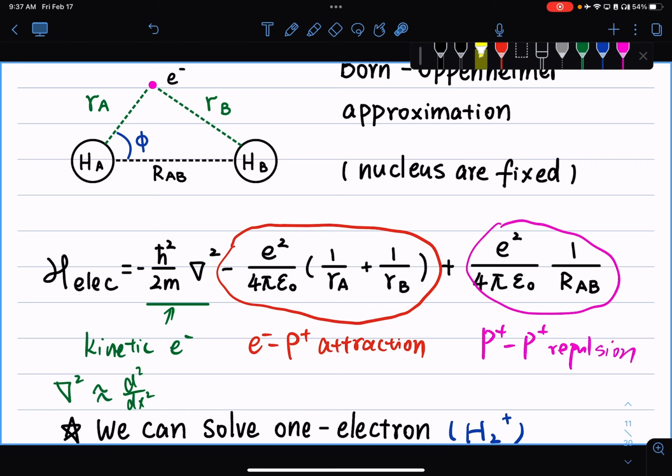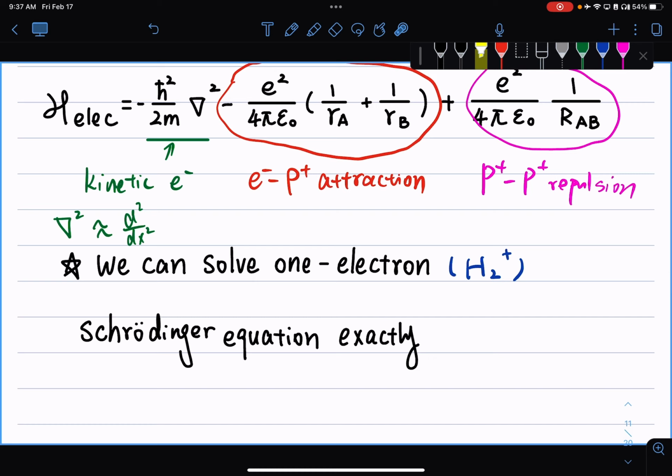We don't have any electron-electron correlation. It's just the electron interacting with the fixed nuclei under the Born-Oppenheimer approximation. So that means we human beings can actually solve this one-electron Schrodinger equation exactly. All right.